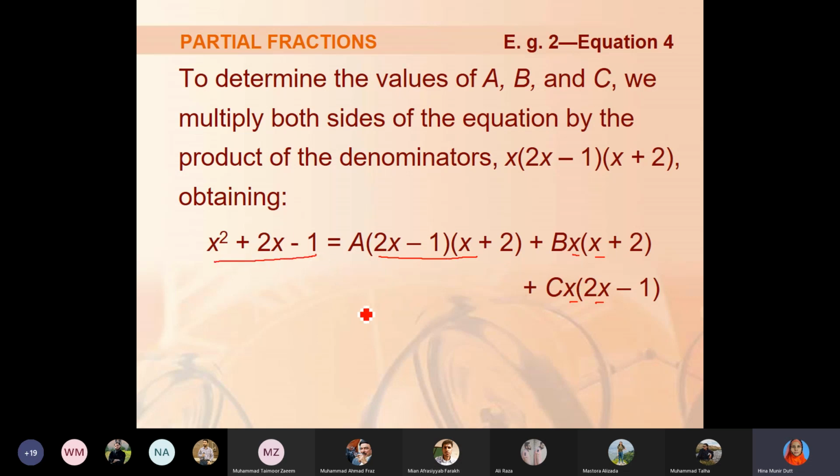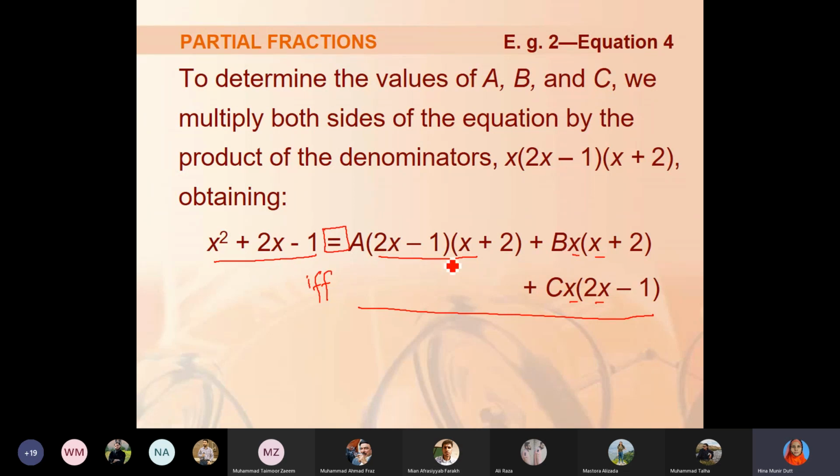They can be equal if and only if. What is the condition? Stop writing, all of you first. Stop doing this. The two polynomials of same degree are equal if and only if their corresponding coefficients are equal.